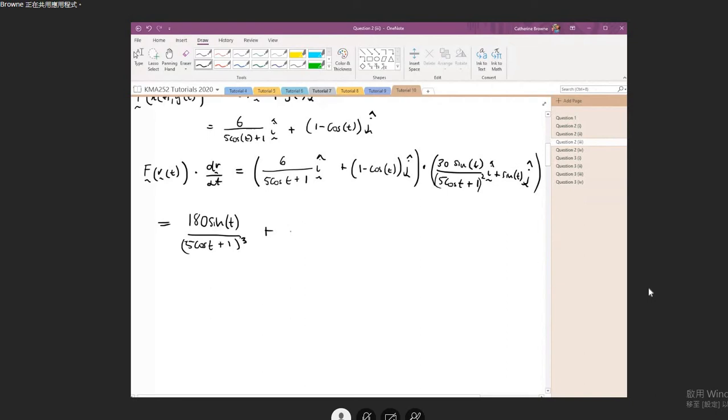So we get sine t by 1 minus cos t. Or I might decide to expand that out.